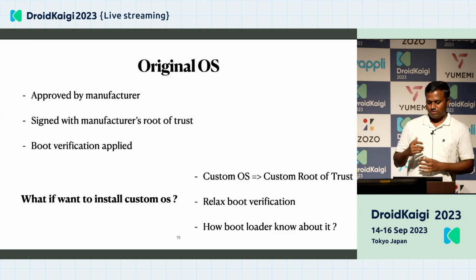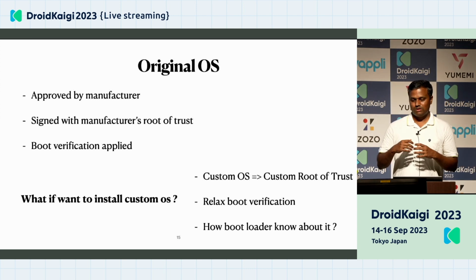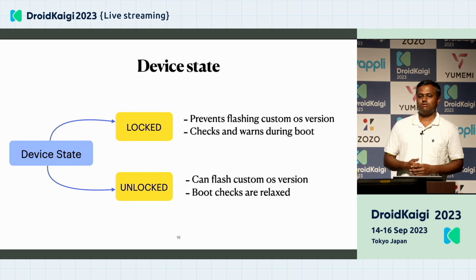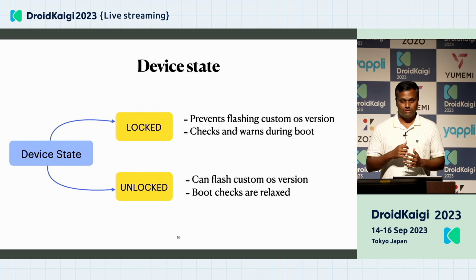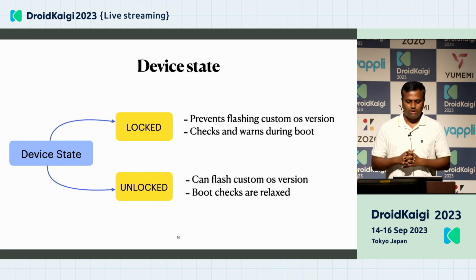But the question comes, how does the bootloader know whether the device is being booted with the original OS or a custom OS? So there has to be some state defined in Android for the bootloader to know whether it's a custom OS or the original OS. This state is called the device state. Based on whether the device has the original OS version or a custom OS version, this device state is defined.